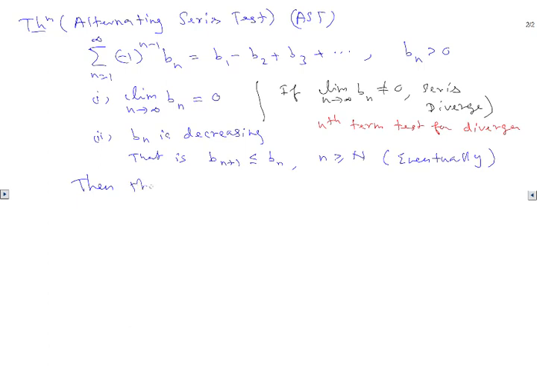Then the series converges. It's very important.